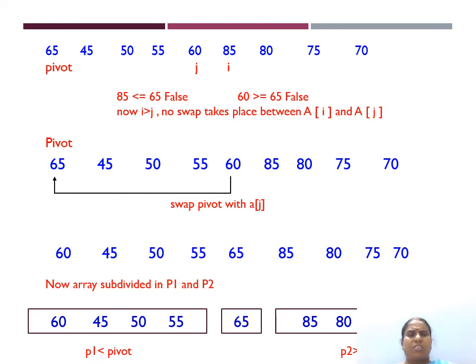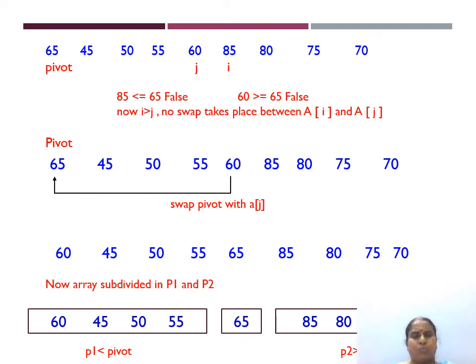So this is the stage now. Once we make an interchange, now i is in the 6th position and j is in the 6th. Now both pointer values are compared with the pivot. When we make a comparison, 85 is greater than the value 65.